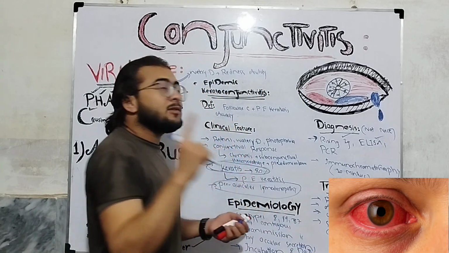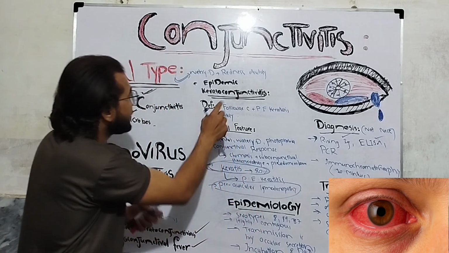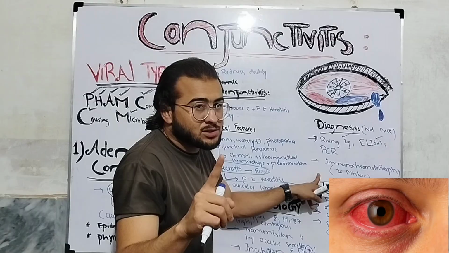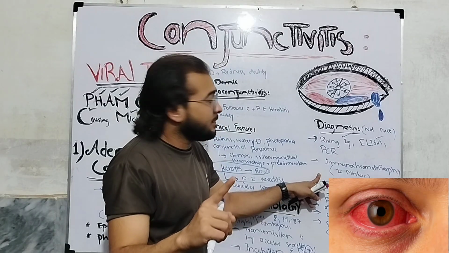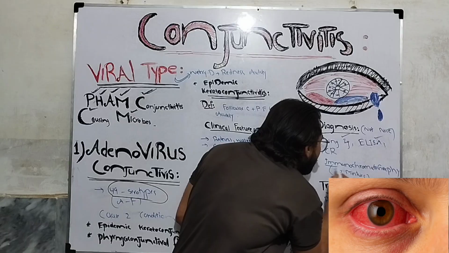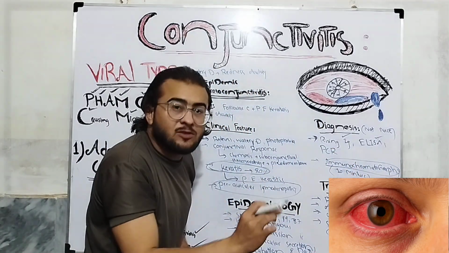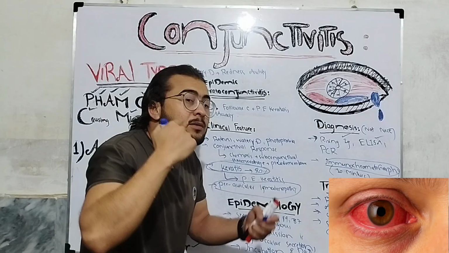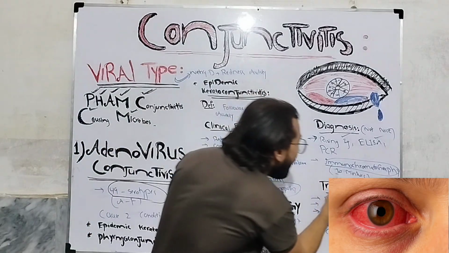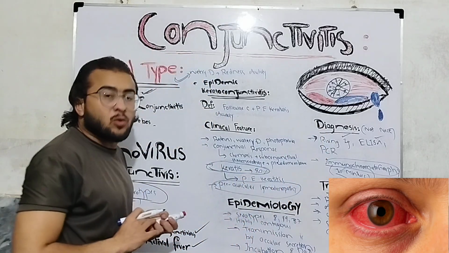There is one important test which can detect the adenovirus antigen in 10 minutes, and it is highly specific and sensitive: the immunochromatography test, which detects adenovirus antigen in the conjunctival secretion. But these investigations are generally not required.